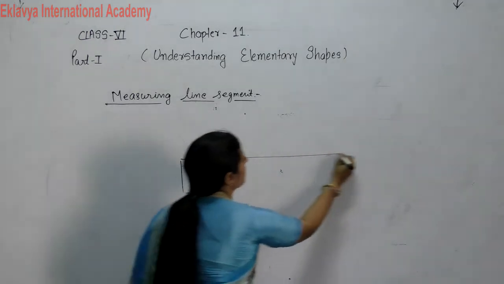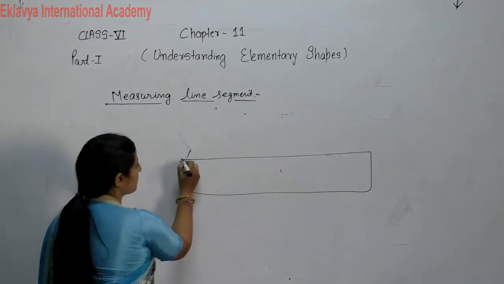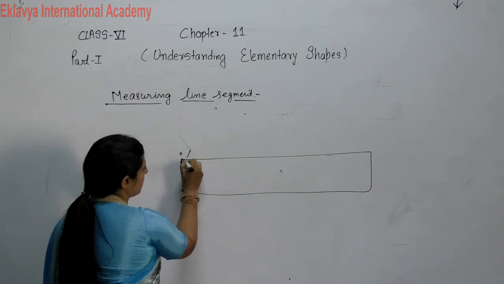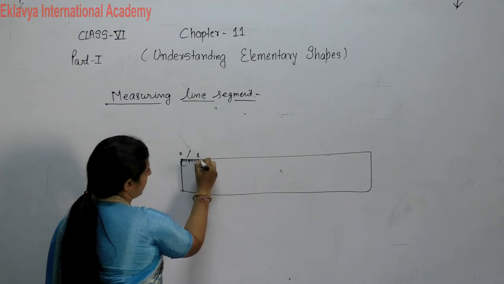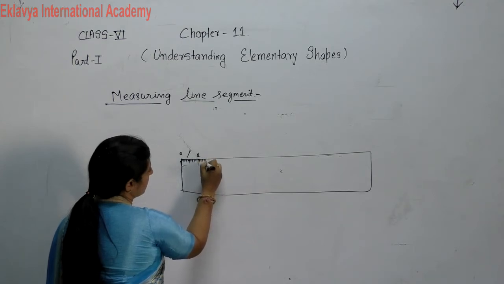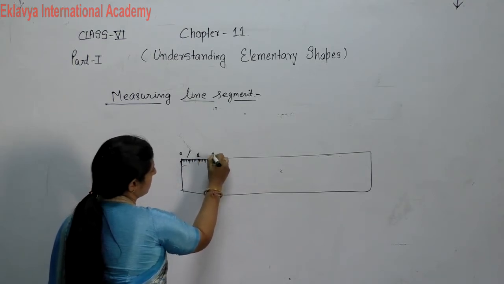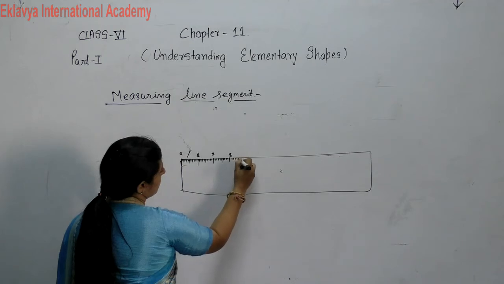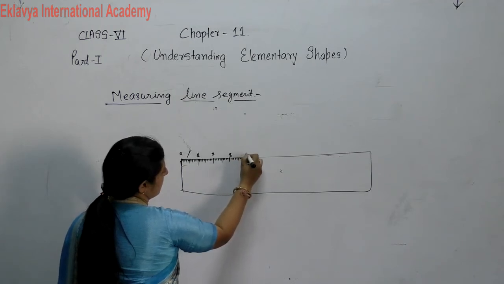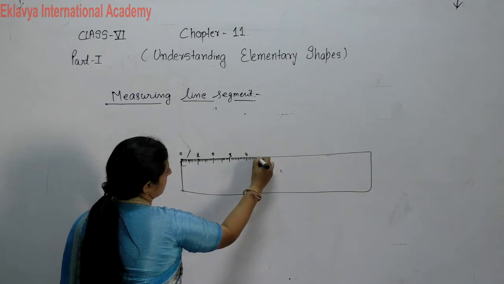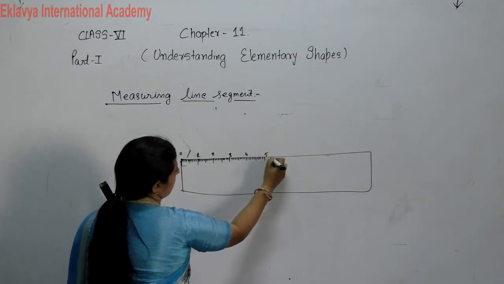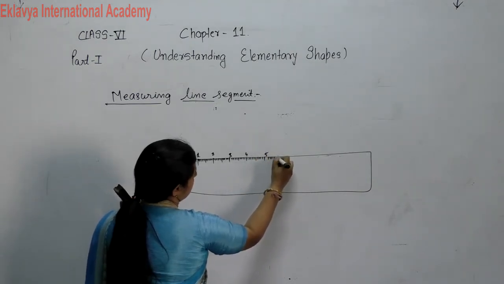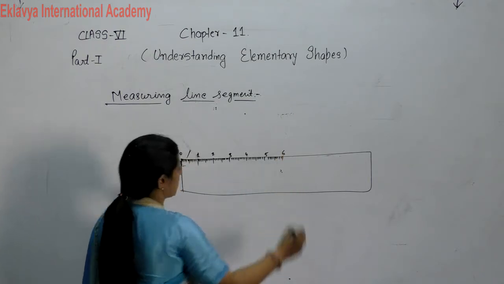There is a ruler. This is 0, 1, 2, 3, 4, 5, 6, like this.